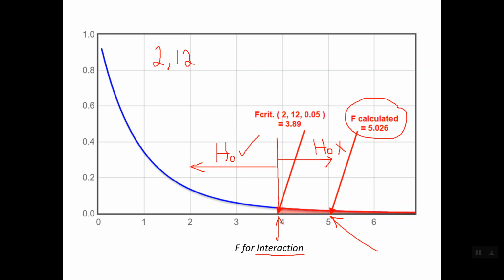So regarding the interaction, we conclude that we reject the null hypothesis and accept the alternative one. The alternative hypothesis for the interaction states that there is an interaction between the two factors. So this is the conclusion for the interaction between the two factors.